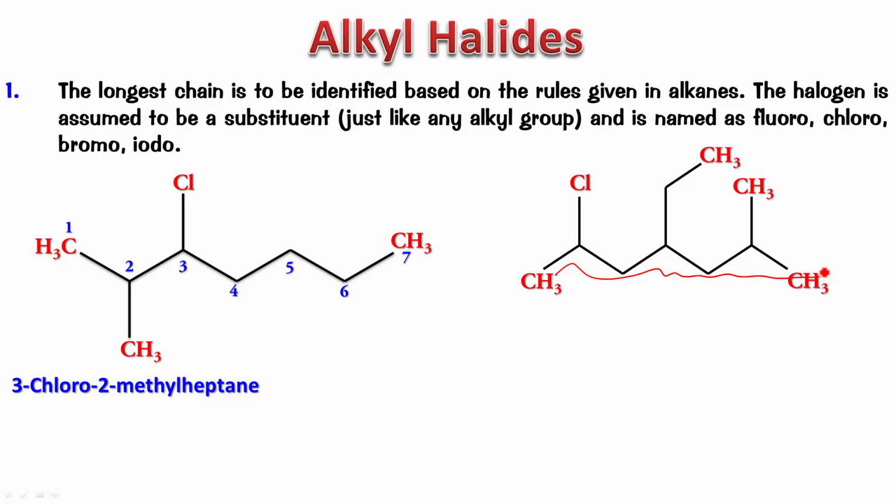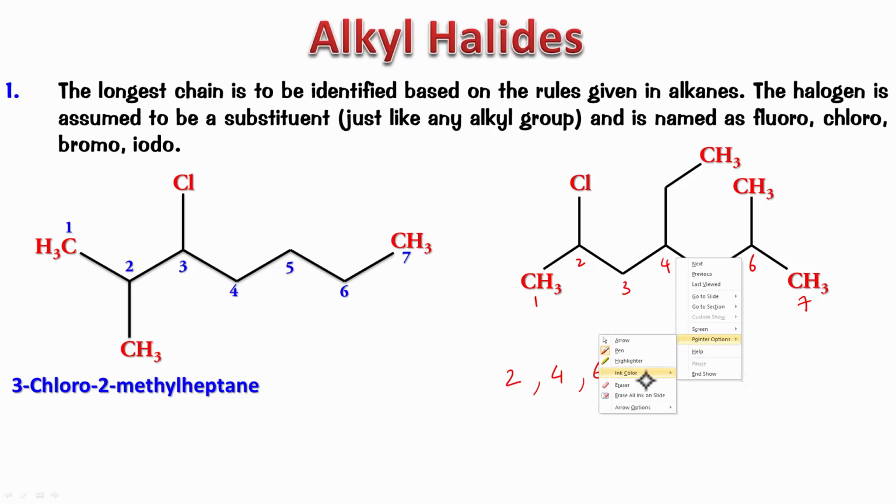Now, where do I do the numbering from? If I do the numbering from the left side, this is 1, 2, 3, 4, 5, 6, and 7. So my substituents are at 2, 4, and 6. Let's do the numbering from the reverse side.